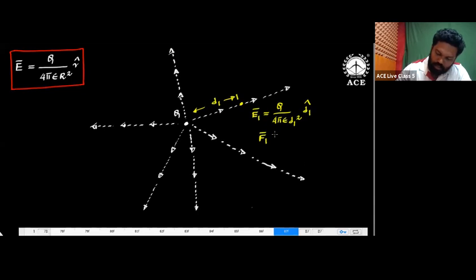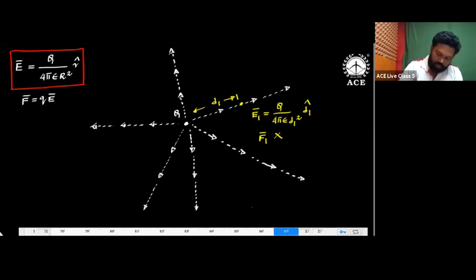But what is the force here? Force is not defined there. Why? Because F is equal to q into E. If you want to have a force, there must be a charge. There is no charge here, so there will only be an electric field.